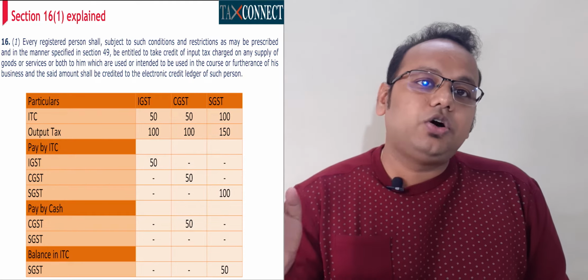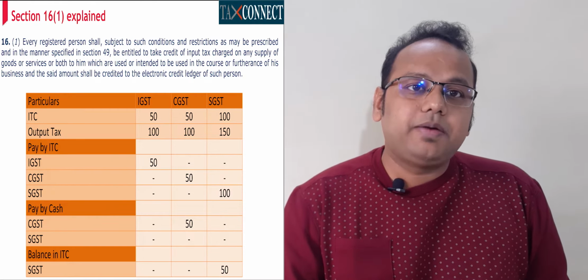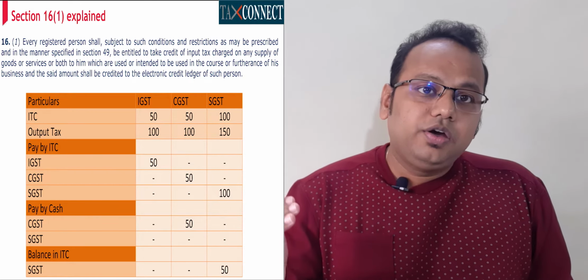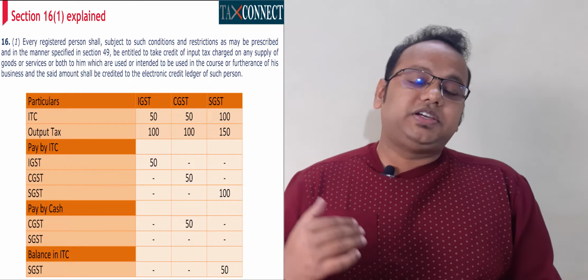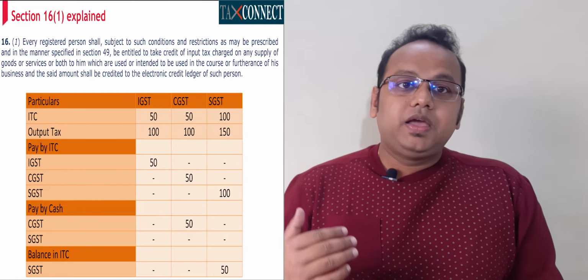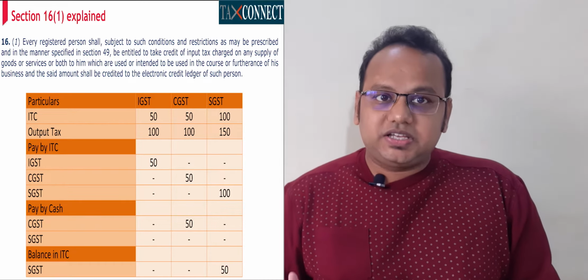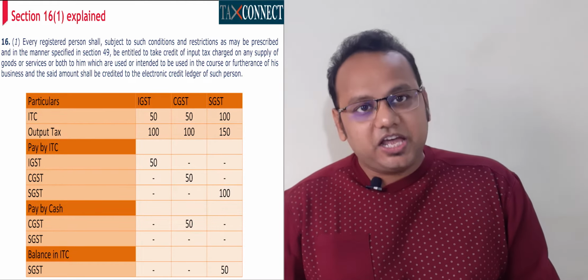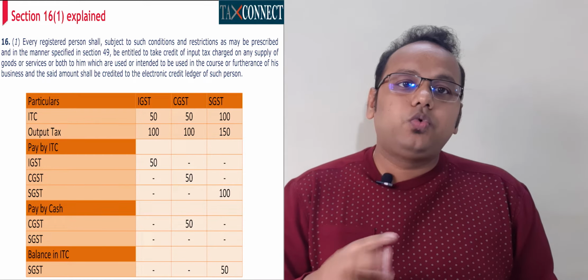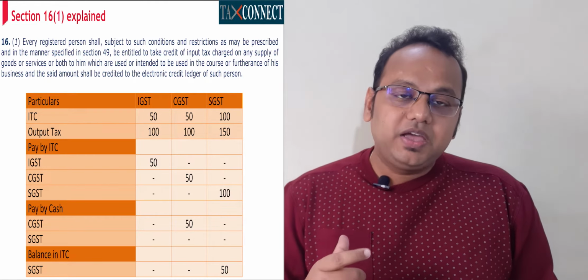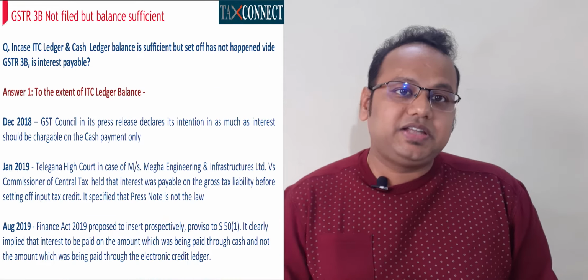So you would be seeing on your screen an example. After this amendment of section 49, if there is an excess balance of SGST, you might see certain cash payment, although there would be an excess balance of ITC in the SGST ledger.